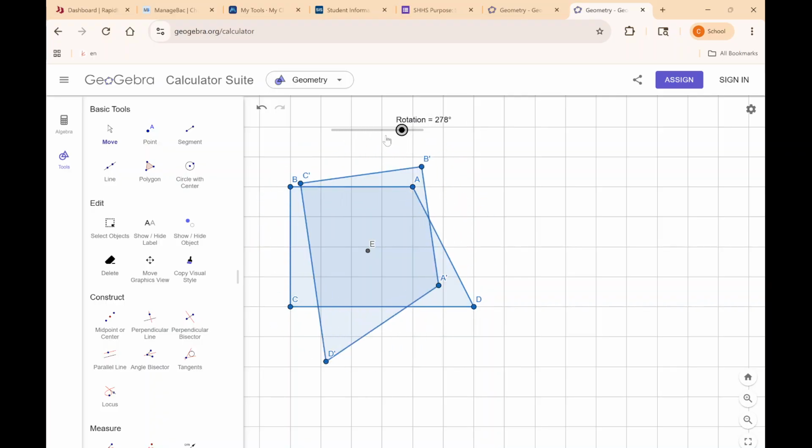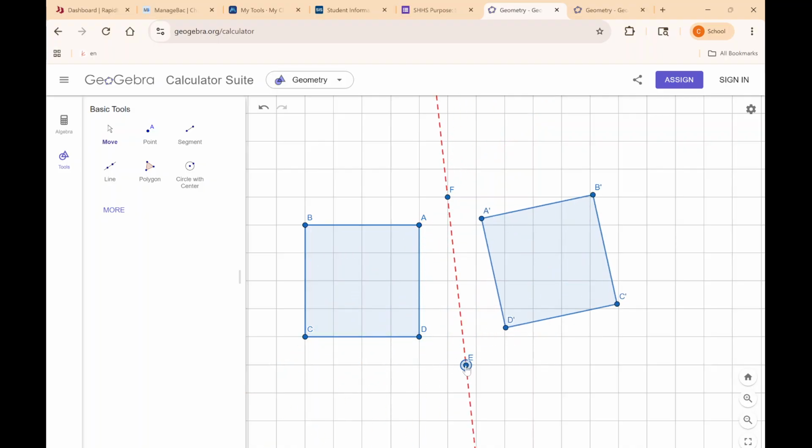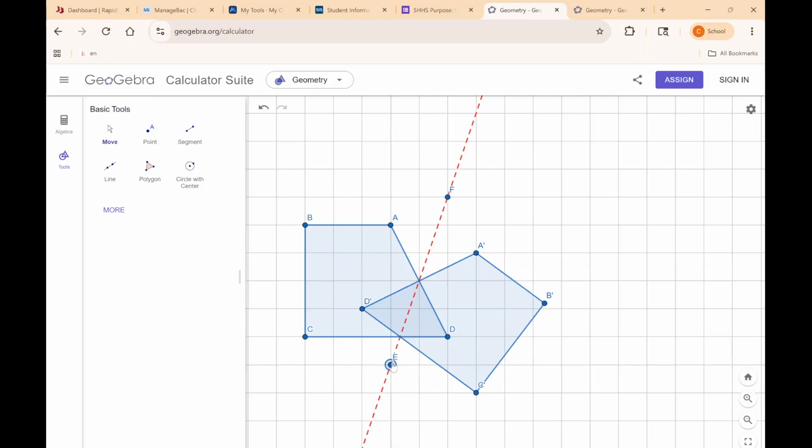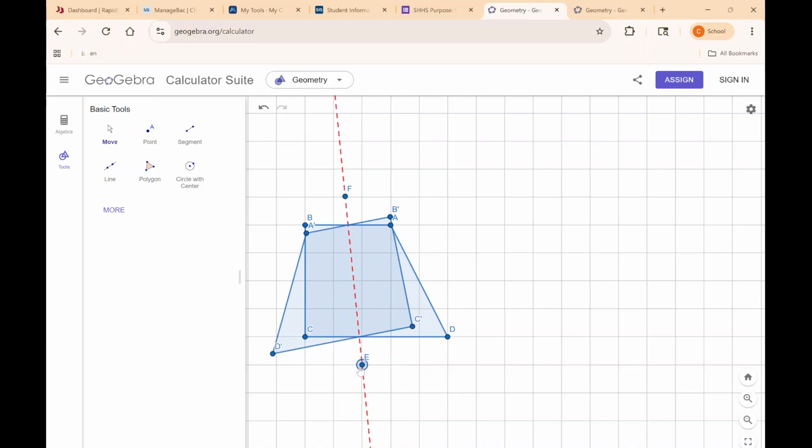Nope, no rotational symmetry. Okay, so that doesn't work. What about lines of symmetry? I don't think so. There's no line here that I could draw to have this shape line up. It's just not going to work. So it doesn't have any lines of symmetry.